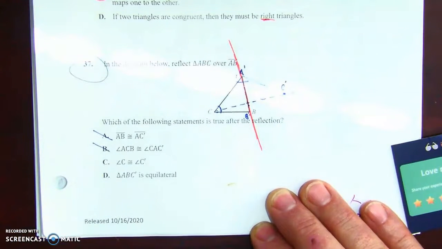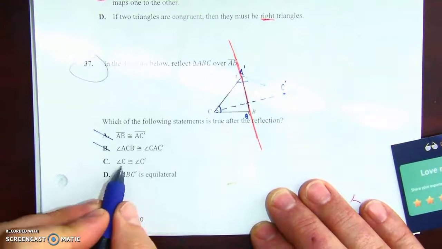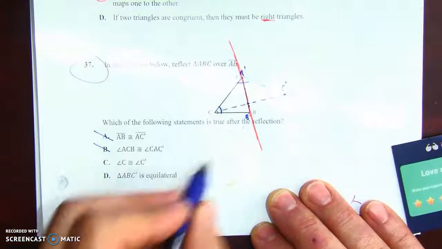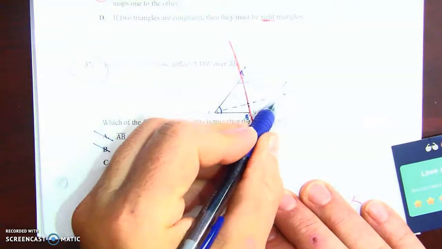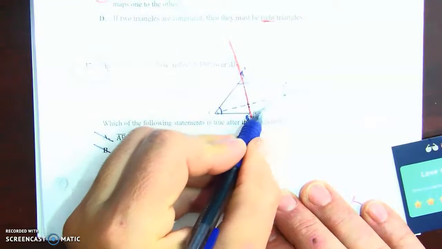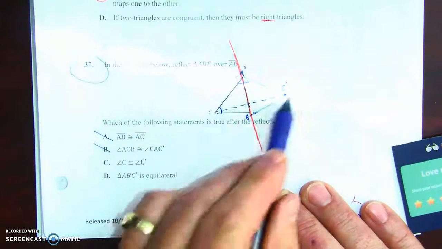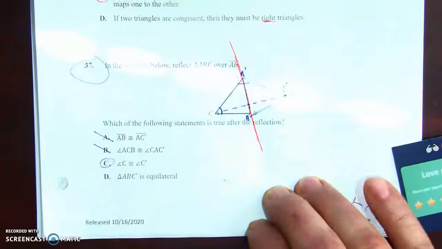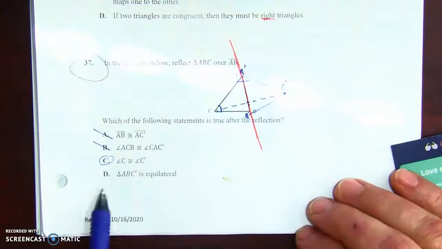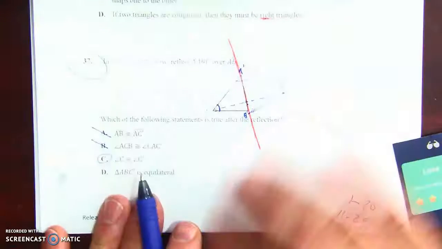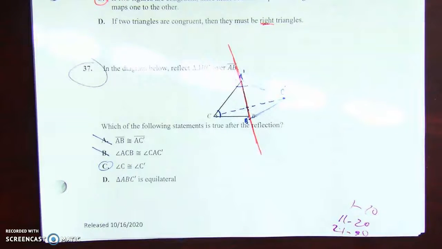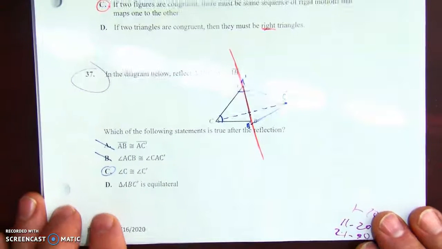Now, the next one shows that angle C is congruent to angle C prime. If I were to reflect the whole triangle here, we could say that C and C prime are going to be congruent, and that is our answer. We can't say that it's equilateral, because we don't know the measurements of all the sides, and it didn't say so originally either. So that's the answer to 37.